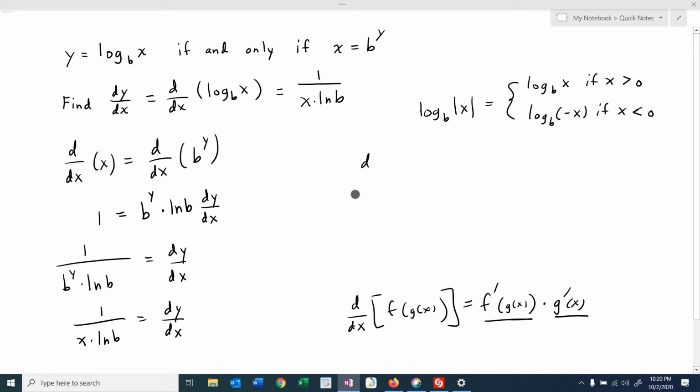Okay, so let's say you find the derivative of this function with respect to x. And let's take the case when x is positive. Well, that's the same as taking the derivative, of course this is a piecewise function. If x is positive, then this log base b of the absolute value of x is simply log base b of x.